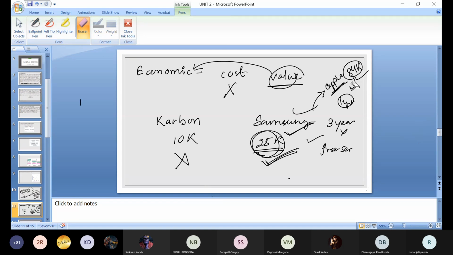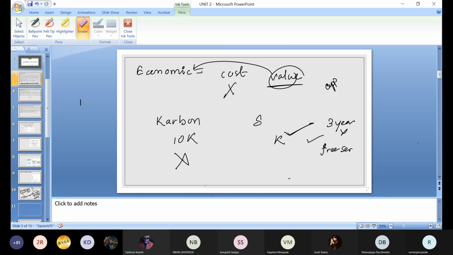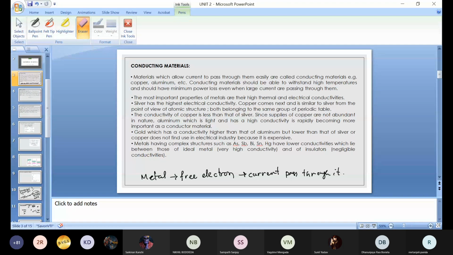So you are supposed to use a material which gives us the desired work, and at the same time we are not supposed to invest more money than required. Using the same concept here, we need to use a material that works under high temperature.